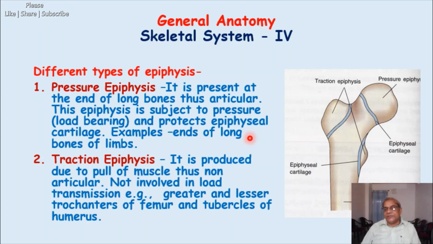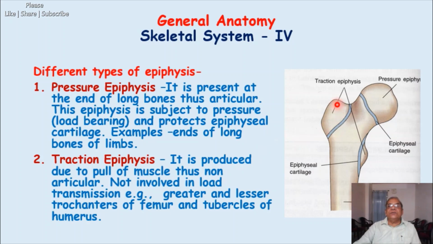And here also the secondary center of ossification will appear, and these are known as the traction epiphyses, where strong tendons are attached onto the bones, okay, and these are not involved in the load transmission.